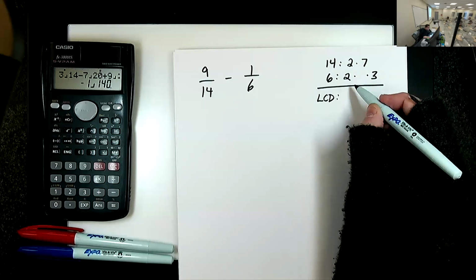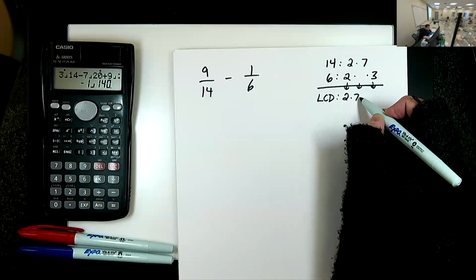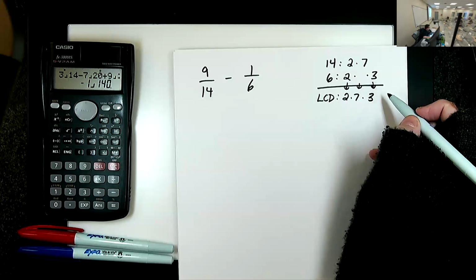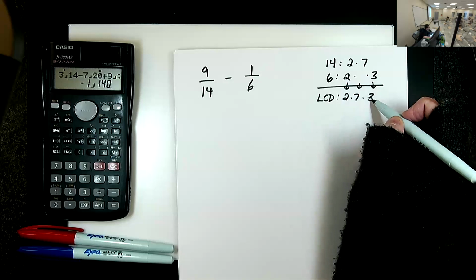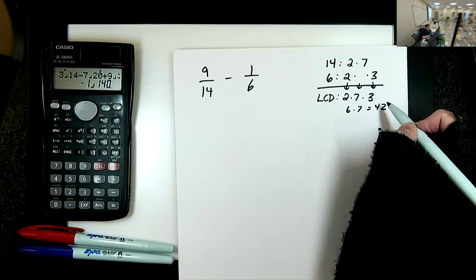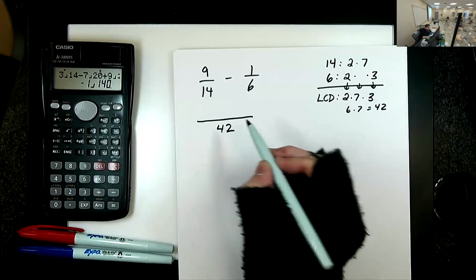My LCD is 1 from each column. I don't do 14 times 3 very easily in my head here, but if I do 2 times 3 first, I have 6. 6 times 7 is 42. The LCD is 42.